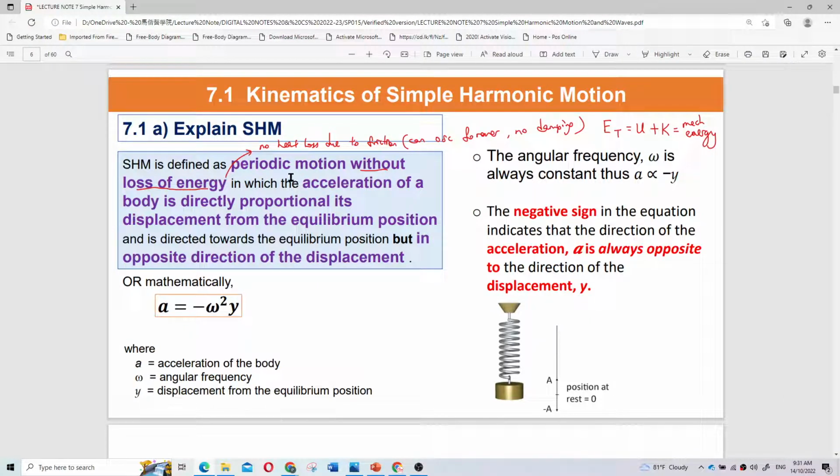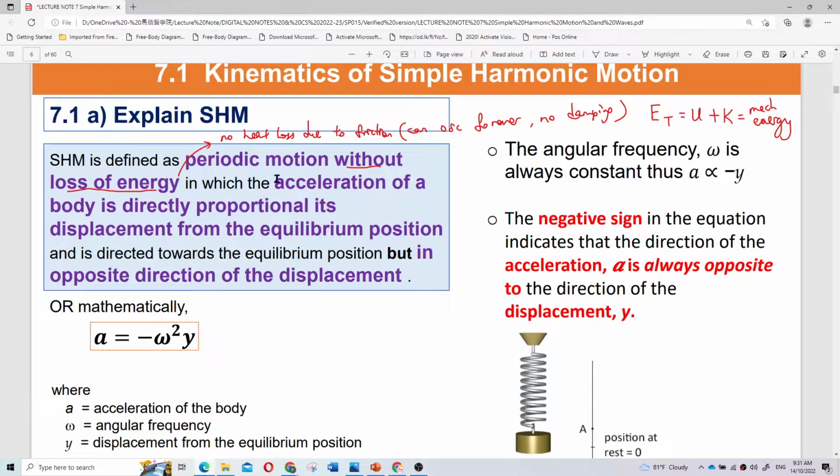Now, in which the acceleration of a body is directly proportional to its displacement. What does it mean here? Acceleration of a body is directly proportional to displacement from equilibrium.